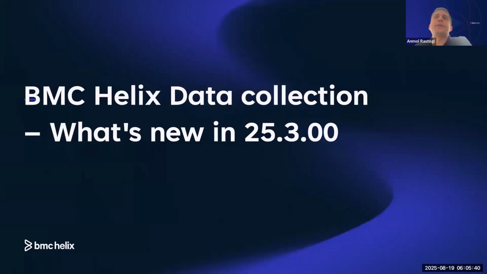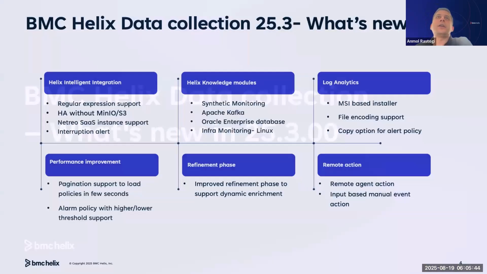Now, starting with the what's new section in the 25.3 release, I will give you the holistic picture of what we did around data collection, as well as some of the key updates around the BHOM core area. Starting with intelligent integration, we started to support regular expression based filtering in the distributor and the collector side, where you can say that you need event filtering or metric filtering based on a particular regular expression.